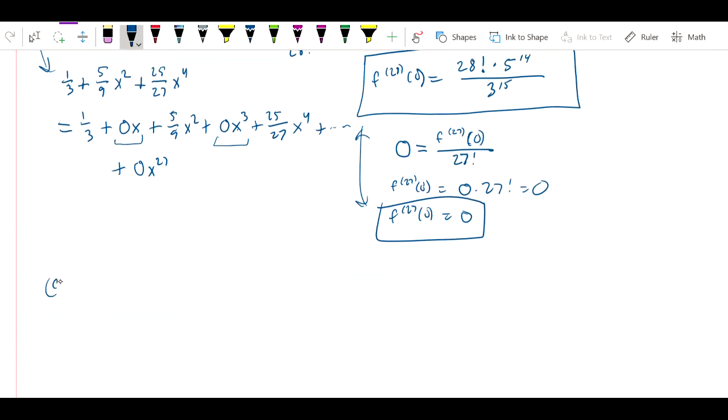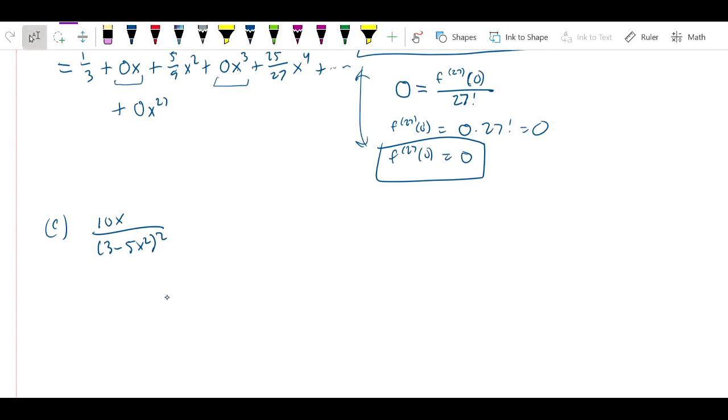Okay, part C. Let's use the results from part A to find a power series for 10x over 3 minus 5x squared, squared. Okay, so how are we going to do this? The thing to note is that the original series that we have was 1 over 3 minus 5x squared, right?